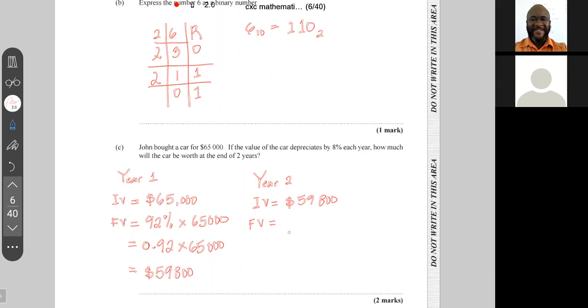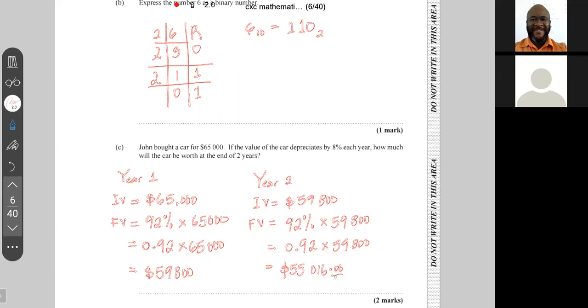So the final value is going to be 92% of what it was valued at the start of the year, which is 59,800. 92% is 0.92 times 59,800. All right, I am seeing $55,016. This is $55,016.